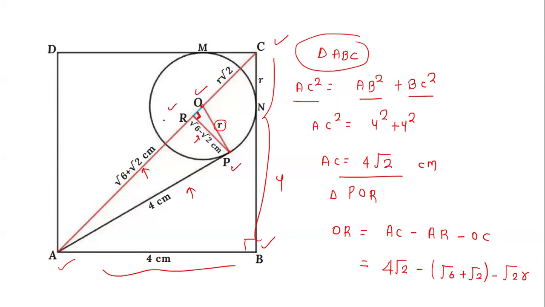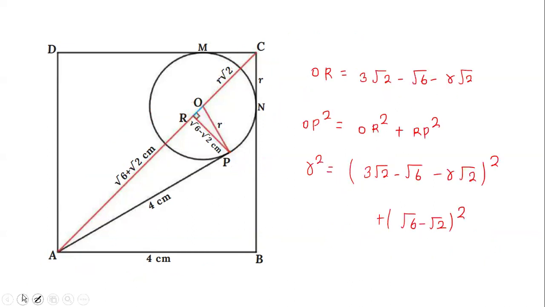The OR distance is the whole diagonal AC minus this AR distance and minus this OC distance. AR we know as this, and OC we know as root 2 times R. So OR after calculation will come in terms of small r.